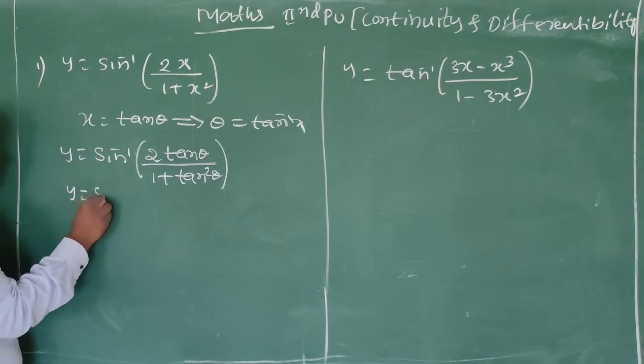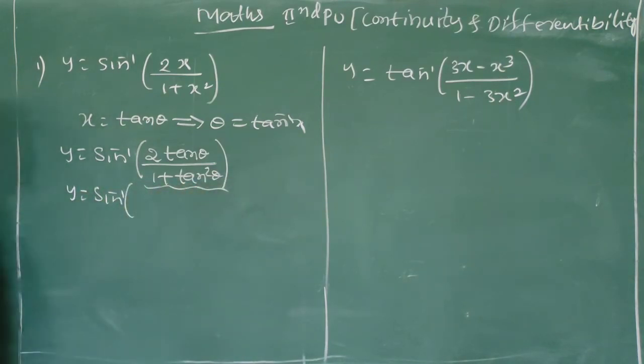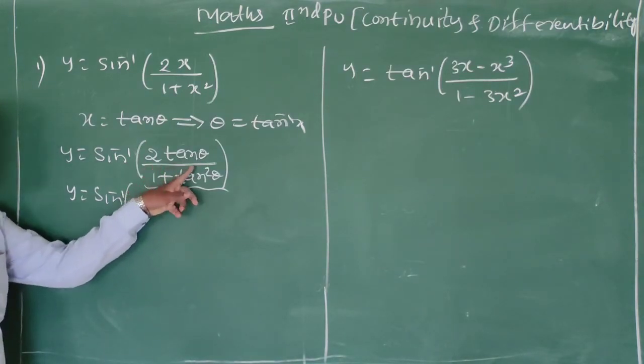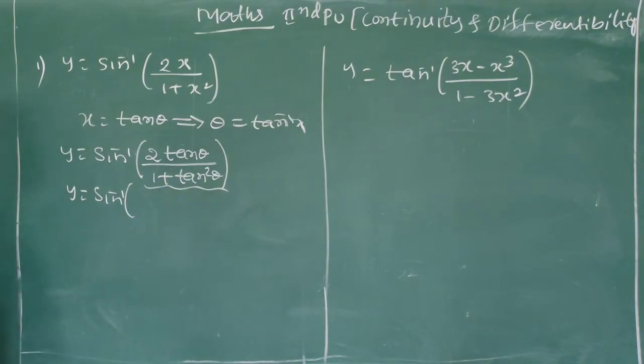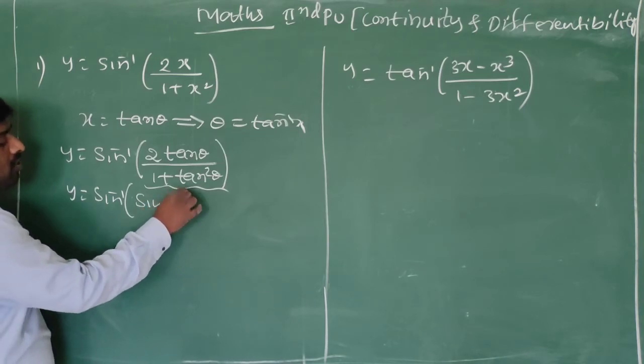This value is sin 2 theta. The sin 2 theta formula is 2 sin theta cos theta, and another one is 2 tan theta divided by 1 plus tan square theta. So this value is sin 2 theta.